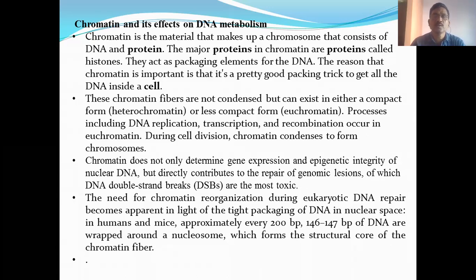These four histone proteins are found in dimer form, so there are a total of eight histone proteins that are wrapped and form the bead-like structure, which forms the structural core of the chromatin fiber. This accumulation of histone protein is useful for the wrapping of the chromatin fiber.